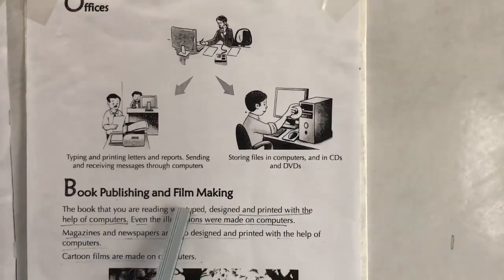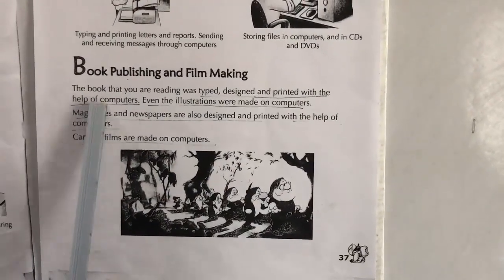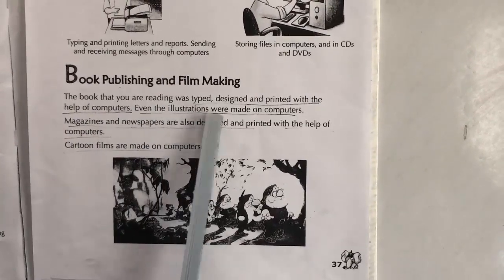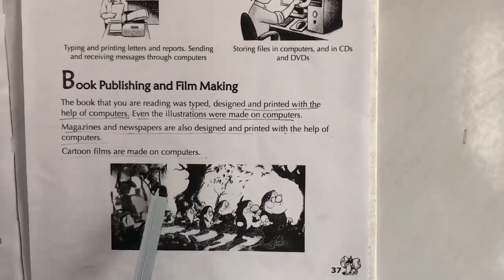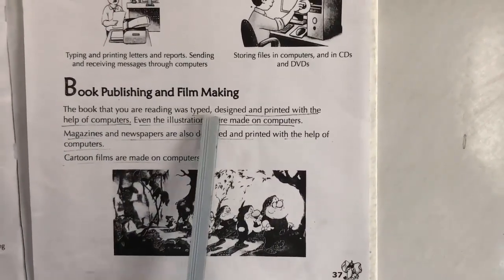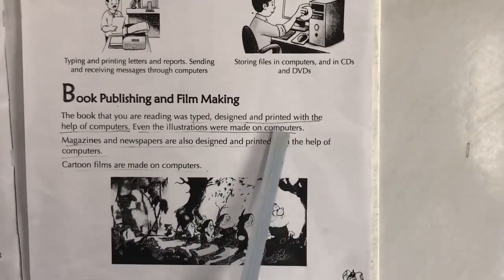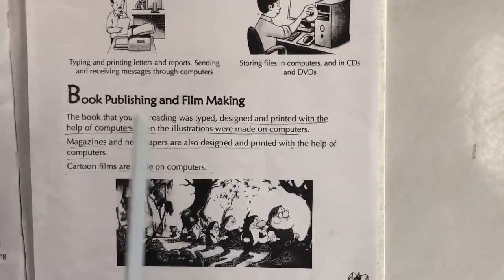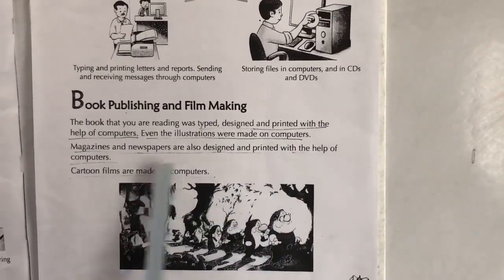Book publishing and film making. The book that you are reading was typed, designed, and printed with the help of computers. First it was typed, then designed and printed. All the work was done with the help of computers. Even the illustrations were made on computers.